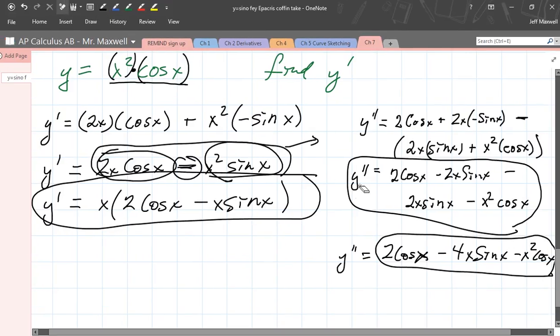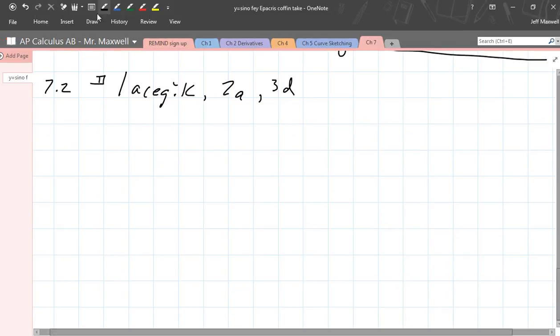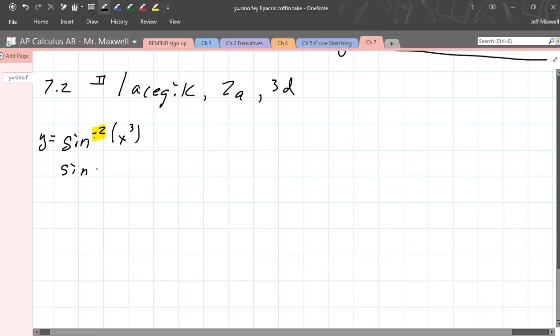Any other questions? I should point out that when you see this, a negative 2 here, and it's x cubed, I believe, and they're asking you to find the derivative. First of all, this negative 2 right here is the same as outside of the brackets, the whole thing.